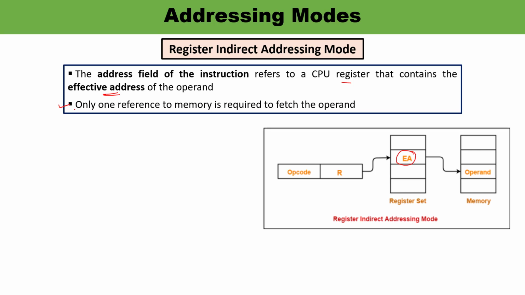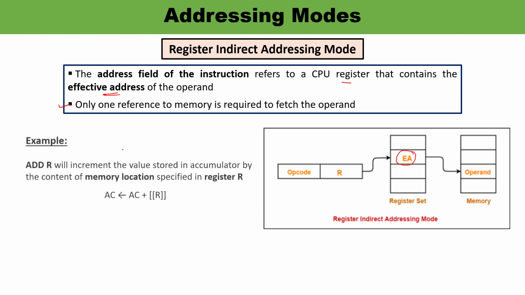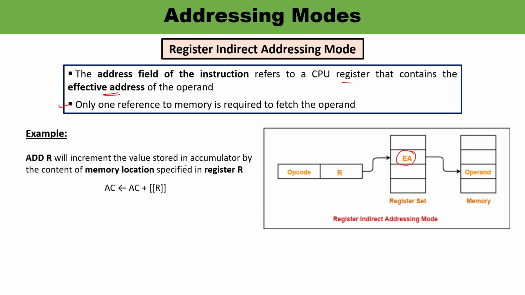Again, let me give you the same example. Suppose you are writing add R, meaning it will increment the value stored in the accumulator by the content of the register. The bracket specifies the memory location at which the data is stored.